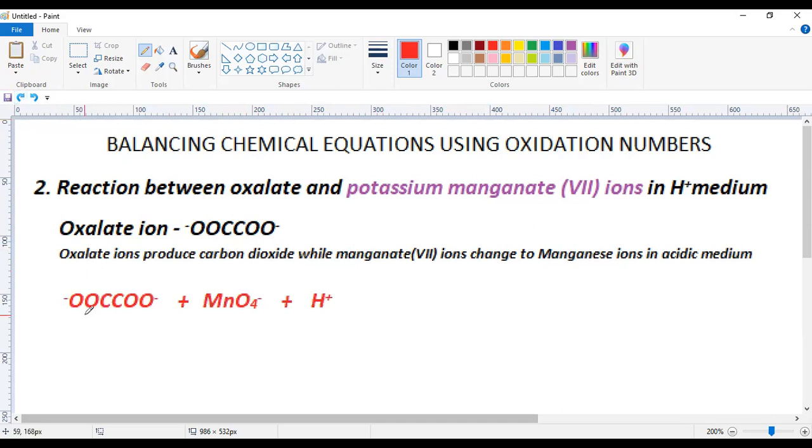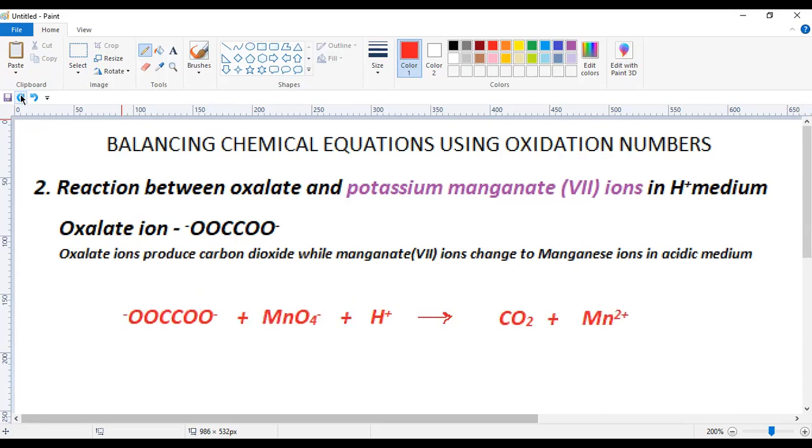When oxalate ions react with MnO4 minus in acidic medium, you can see the reaction producing carbon dioxide and Mn2 plus. We have to find out what happens to these substances when the reaction occurs in terms of reduction and oxidation.